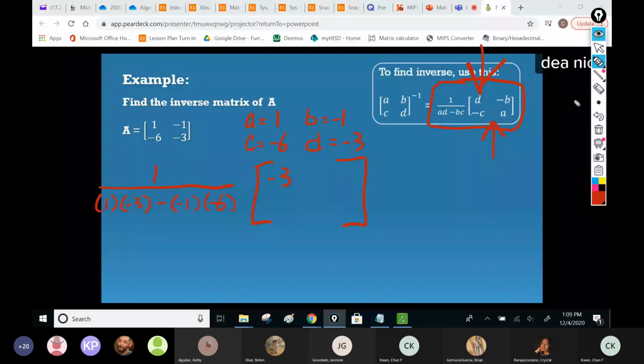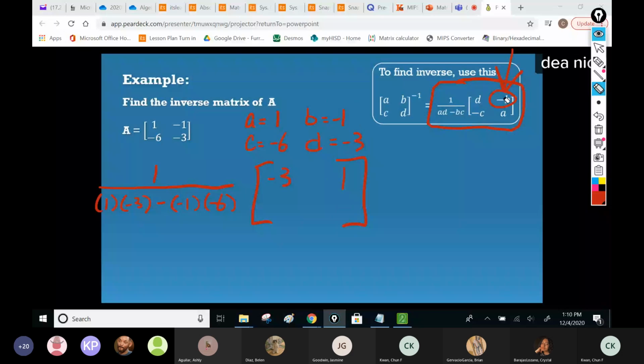And then I need negative B on the upper right. You've got to be very, very careful because I need negative B. That means I need a negative, and then B is -1. So you will see a negative, negative 1, which you will turn into a positive, because two negatives equal a positive. So now you have a positive 1.